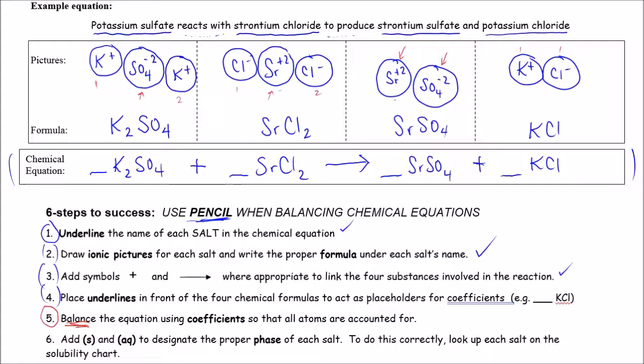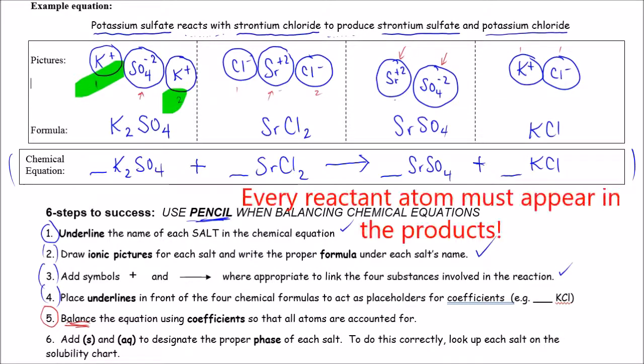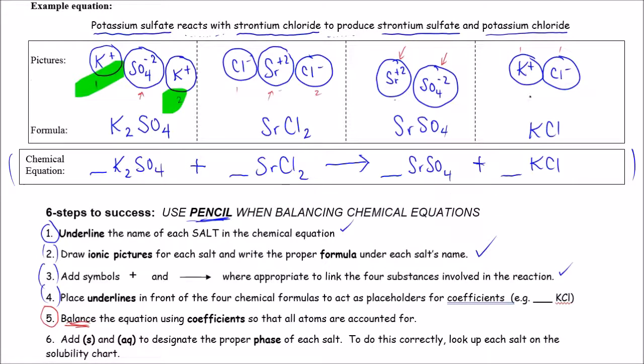So here, I need 1, 2 potassiums in the product. So the way to do that is to add a second one. So this is where the second potassium must appear.